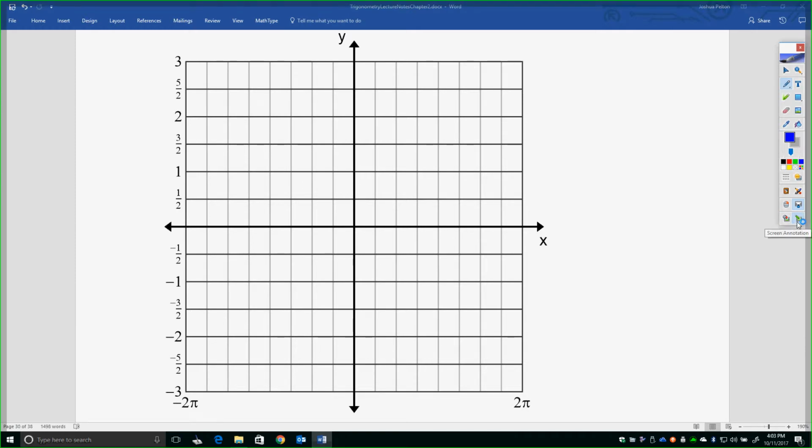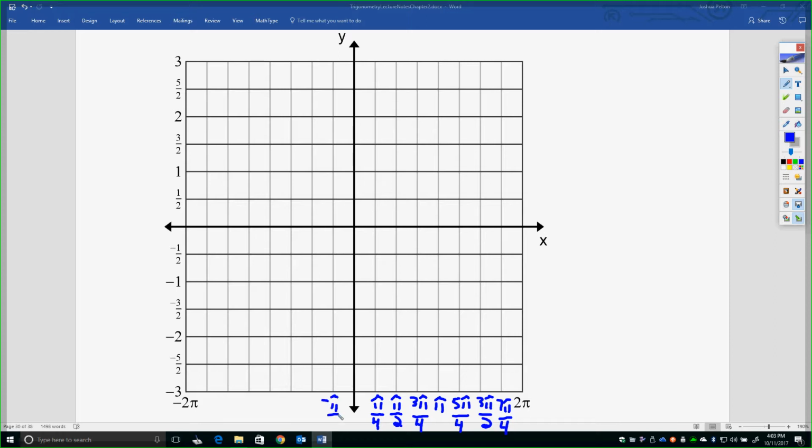Okay, so if it's 4 on the x-axis, that's going to be 1/4, 2/4, 3/4, 4/4, 5/4, 6/4, and 7/4. And finally 8/4 is 2 pi. And go in the negative direction.